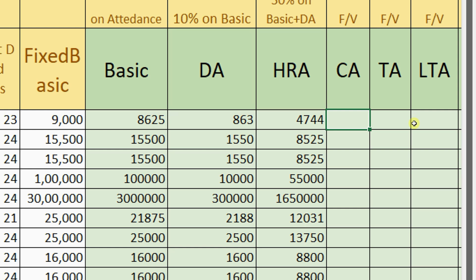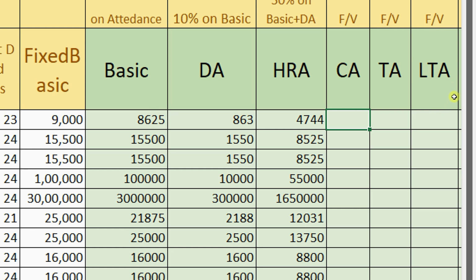CA will be given by the employer to the employee only if no transport system is arranged by the employer. Most of the companies provide cab facilities to their employees, you remember, right? So if no transport system is arranged, the company may offer CA.